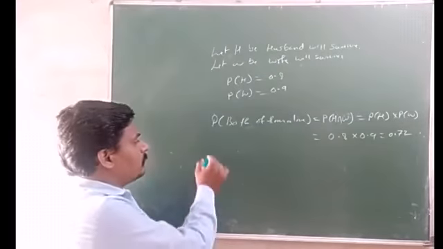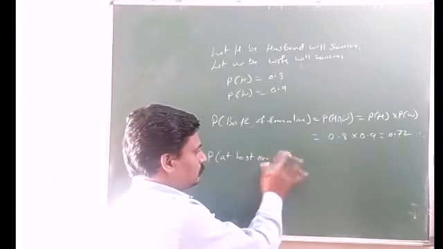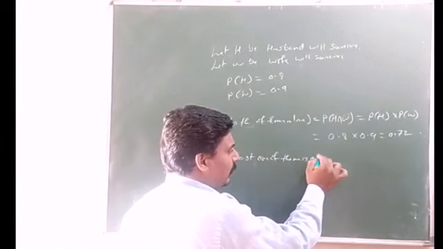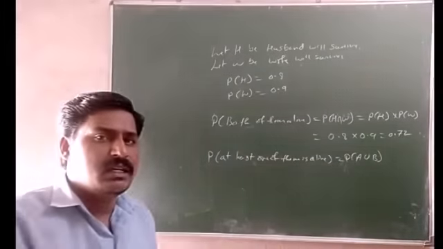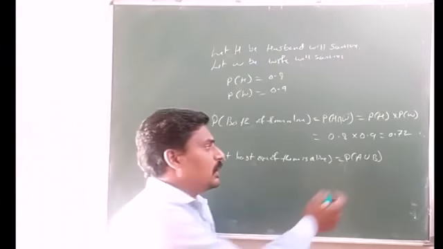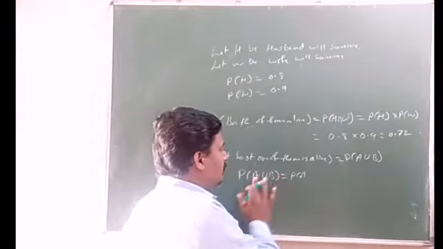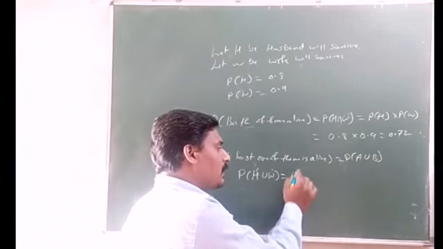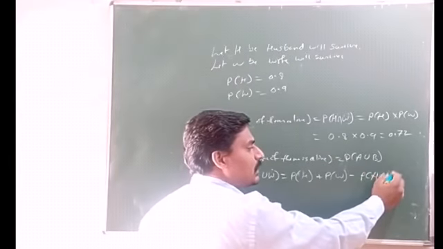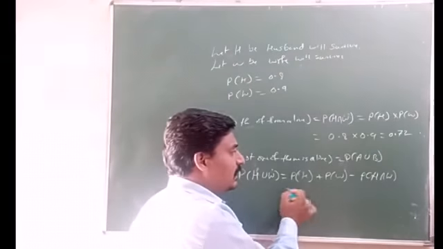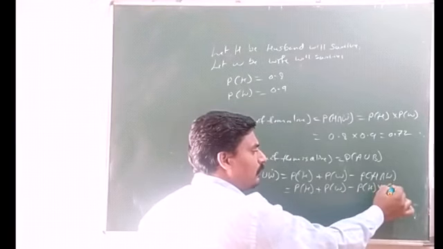So the probability that at least one of them is alive is equal to the probability of A union B. P of A union B, that is husband and wife, P of H union W, is equal to the probability of H plus the probability of W minus the probability of H intersection W. As husband and wife, both events are independent here, so P of H plus P of W minus P of H into P of W.